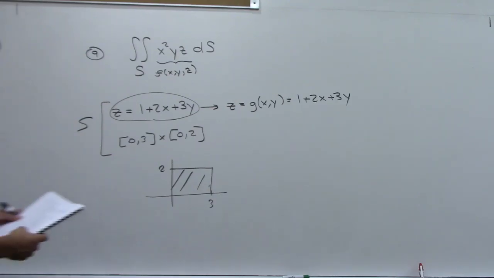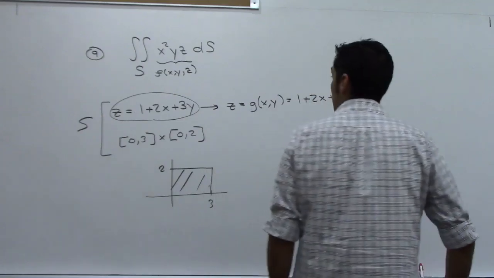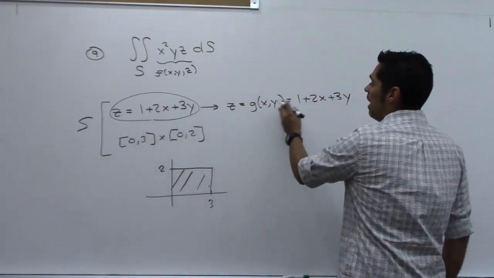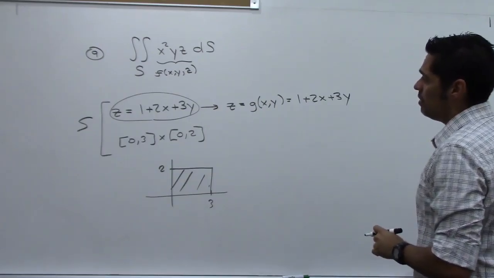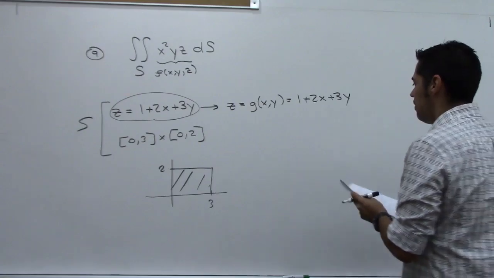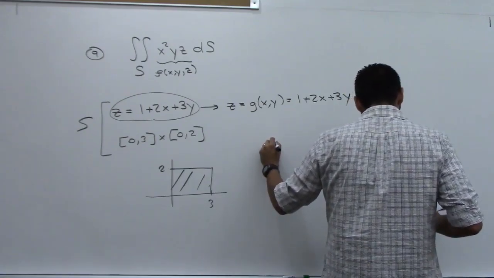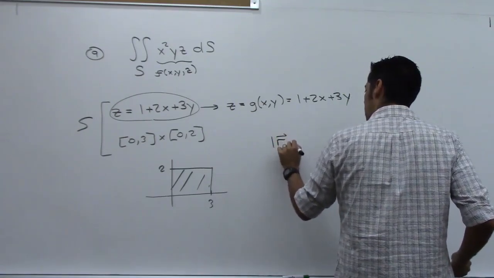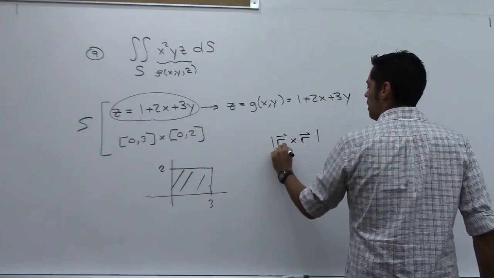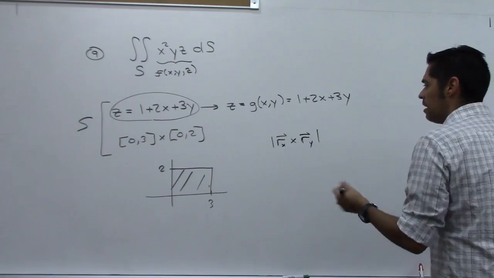Okay, now, if we can write our surface S in terms of x and y, if the z coordinate is in terms of x and y, then the magnitude of the cross product of these partials will be in terms of x and y instead of u and v.